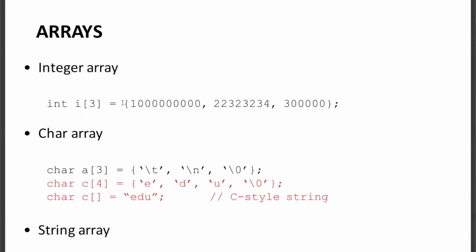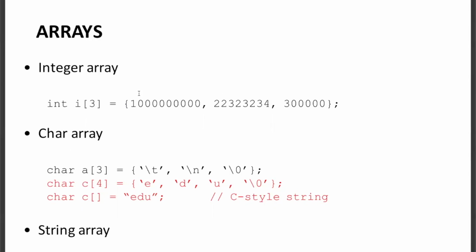So in this case, we know that if you write int i[3], this bracket 3 indicates an array, a collection of 3 integer elements inside this block of memory. And since you have 3 of them, and each integer is 4 bytes, there's a total of 12 bytes.